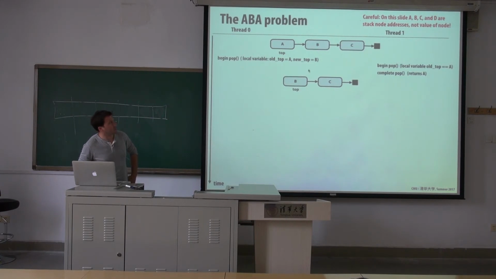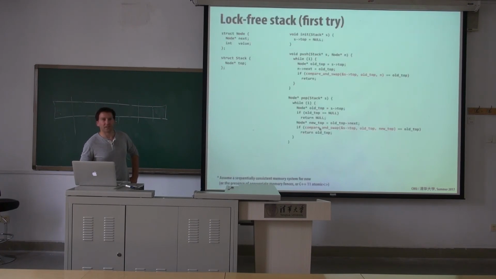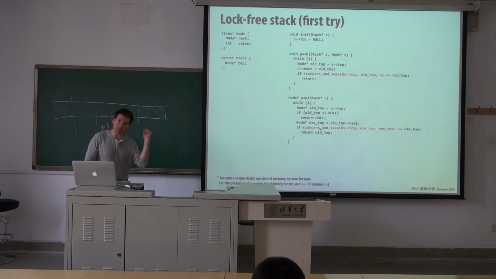Its new top is B as well. And then it completes its pop. So thread 1 actually won. Thread 1 removed A. Now, if thread 0 would have done its compare and swap, it will fail, right? Because at the top of the stack, it's supposed to be A, and it's no longer A.